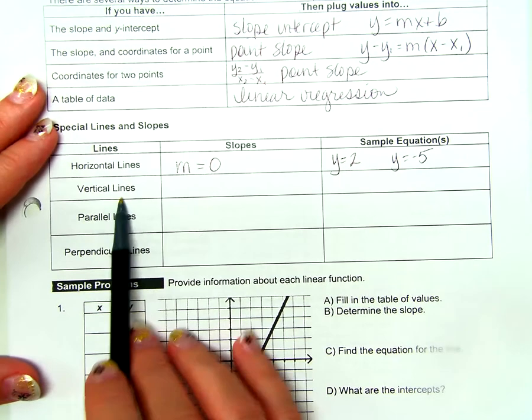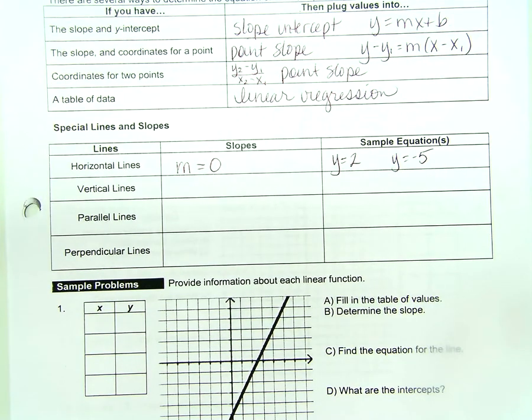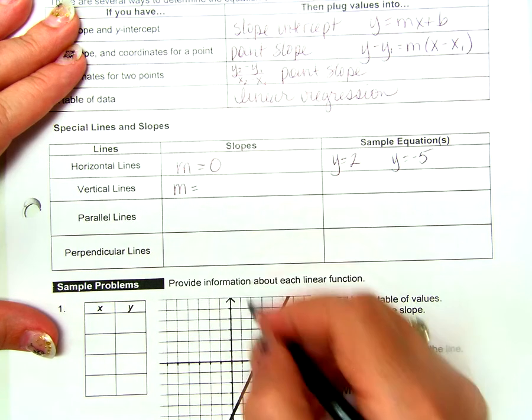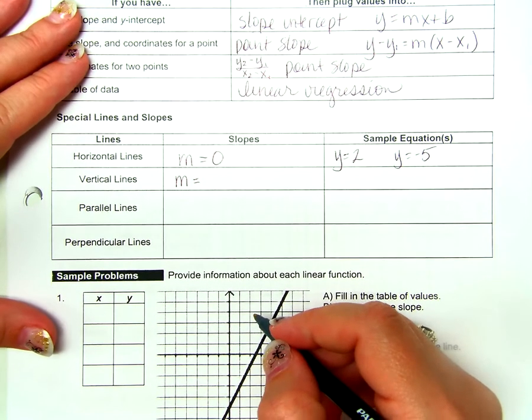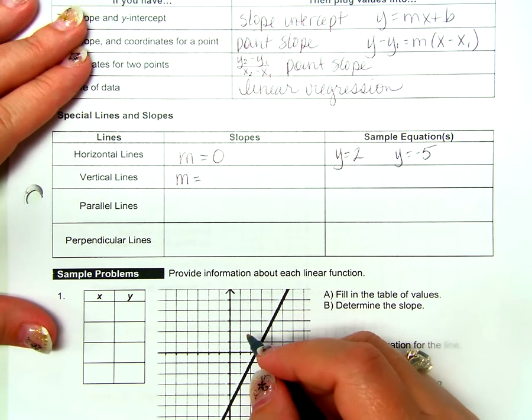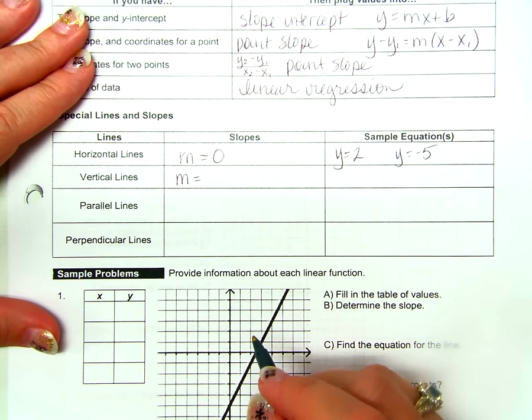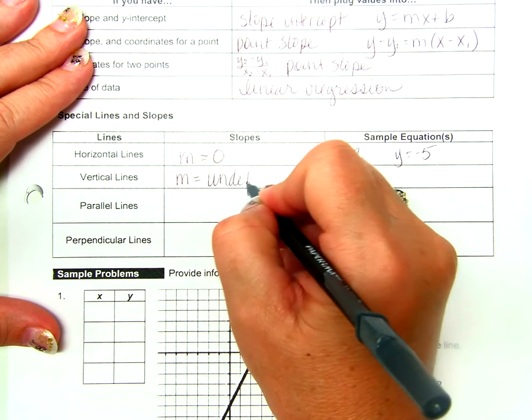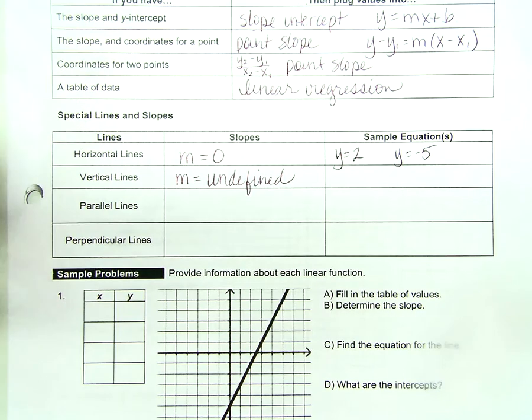Okay. So what about a vertical line? What is its slope? What happened to the skier at the vertical line? Yeah, he was dead. He's undefined. Okay?